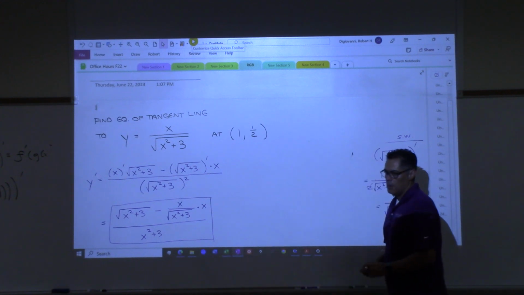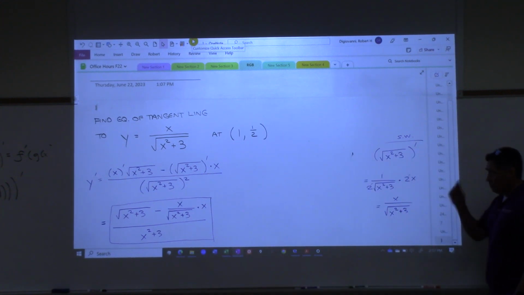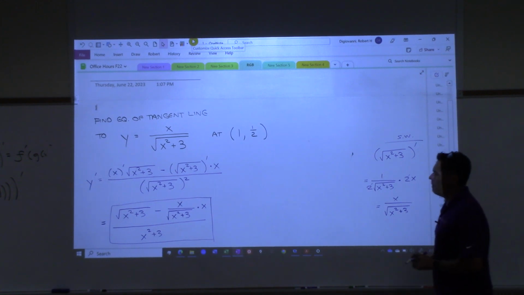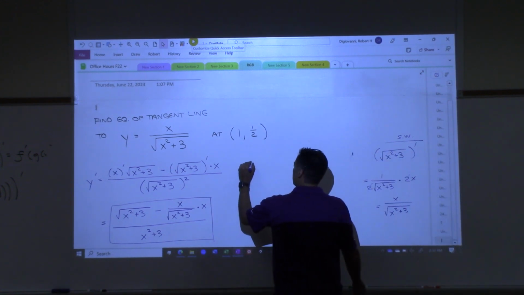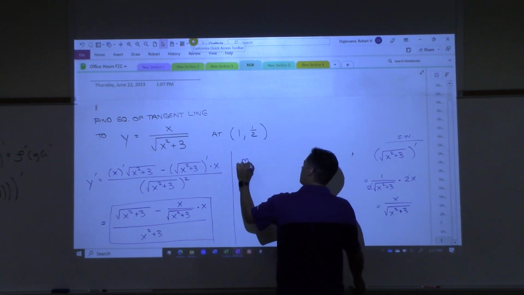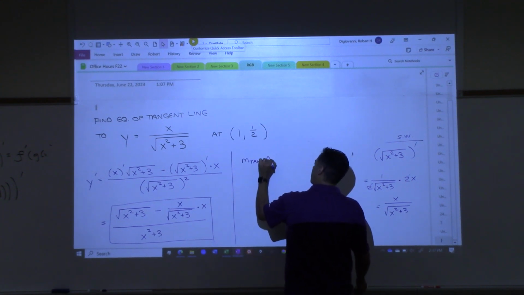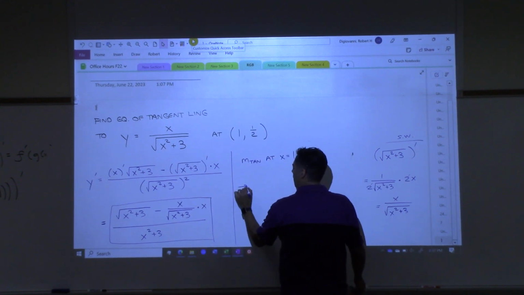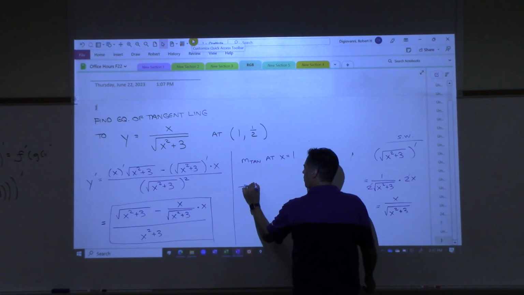Taking the derivative of the square root.